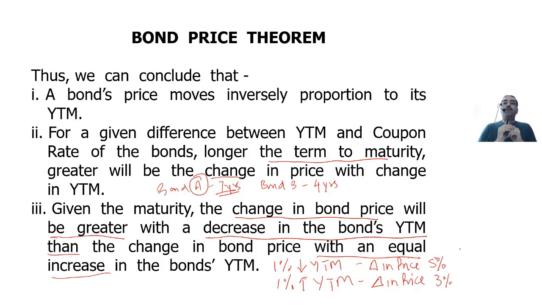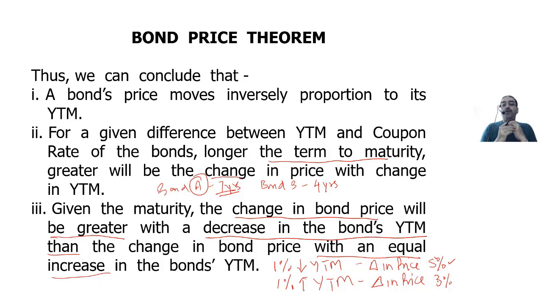It will be less. Change in bond price is greater with a decrease in the bond's YTM. A 1% decrease results in a 5% change. Here, a 1% increase results only in a 3% change.